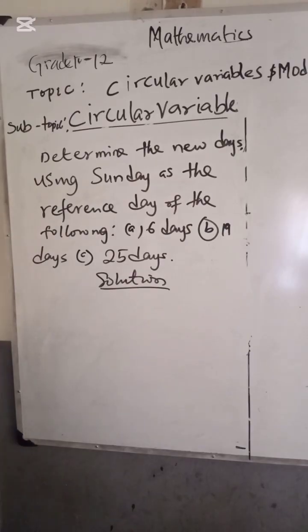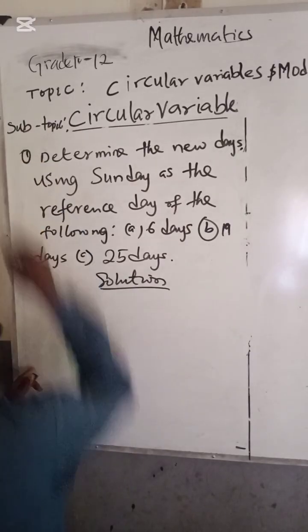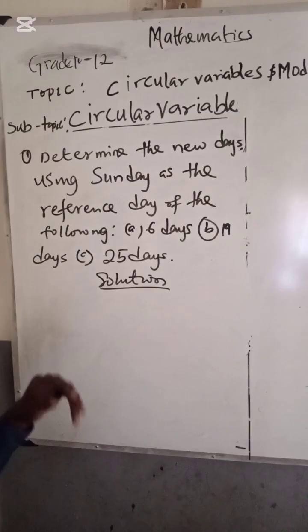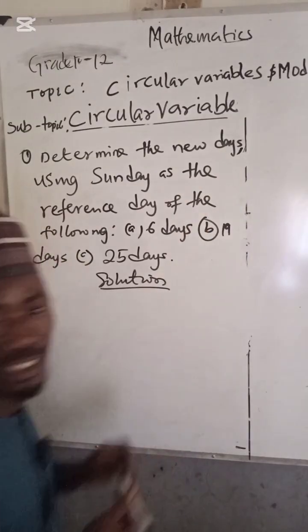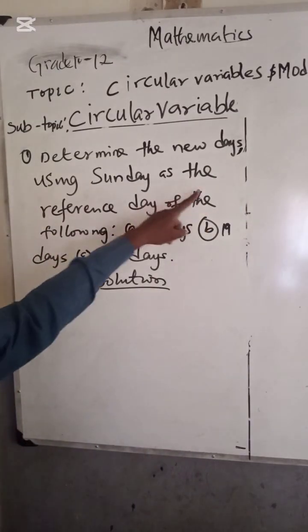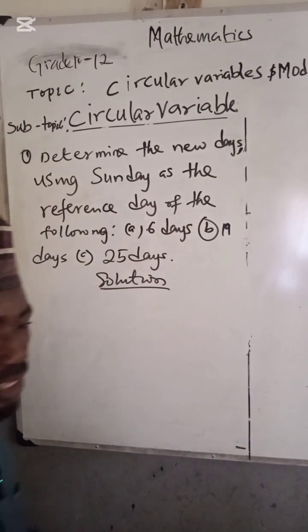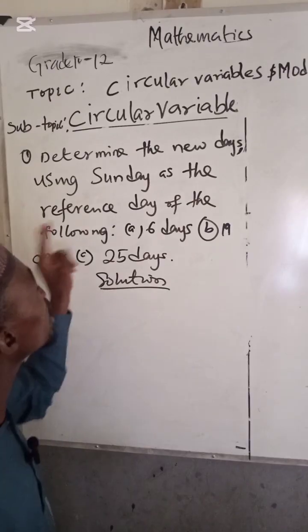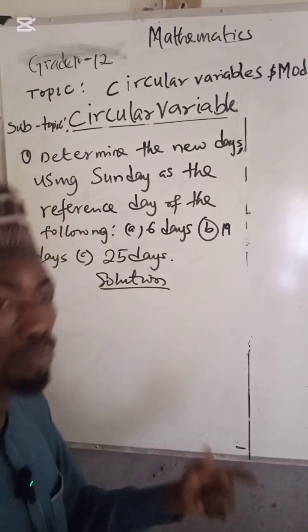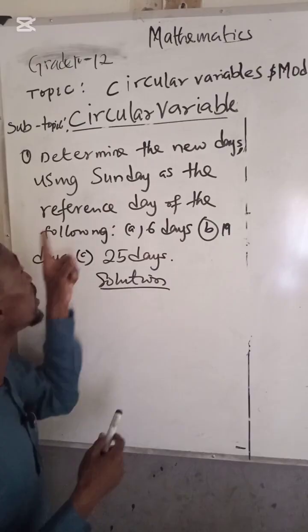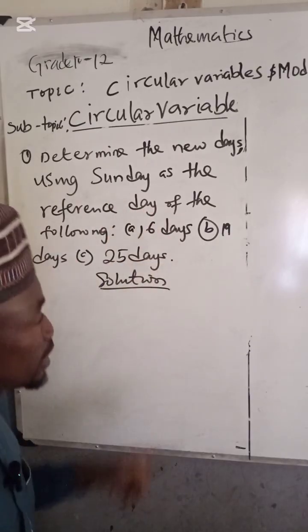The question says: determine the new days, using Sunday as the reference day, for the following. So our initial or starting point to move from is taken as Sunday.